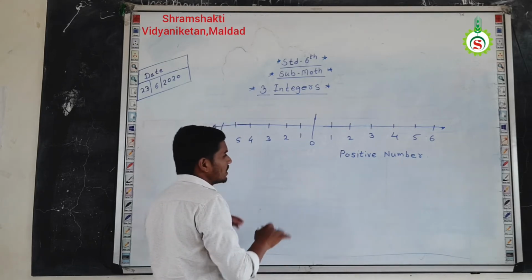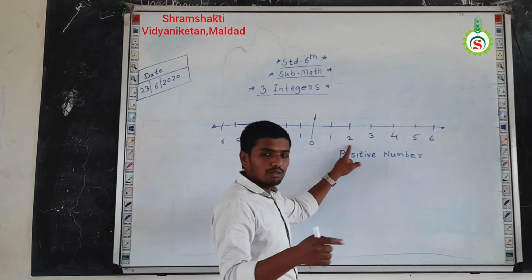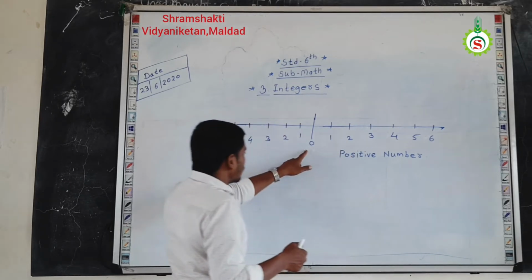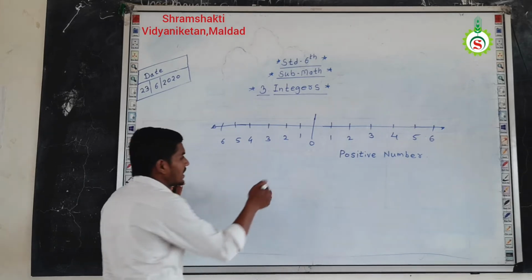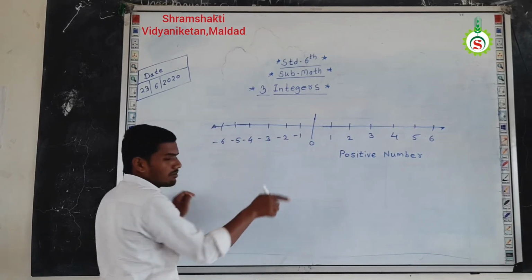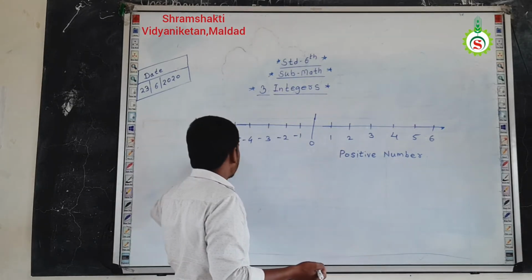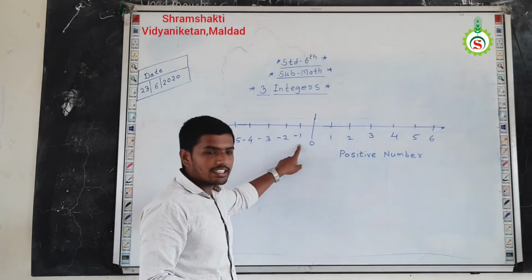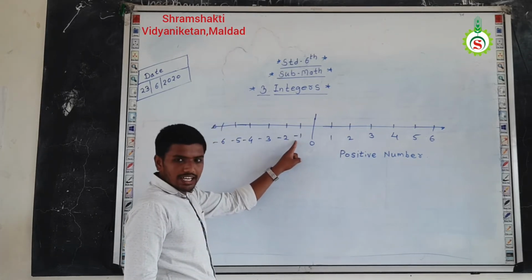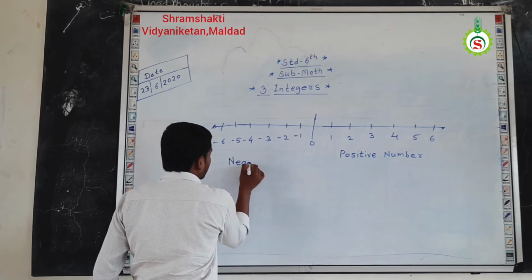But the difference is that above the 0, on the right hand side, there will be positive numbers, that means numbers having a plus sign. Below the 0, the numbers have a minus sign. The numbers are the same, but the signs are different. And if a number has a minus sign, those numbers are called negative numbers.